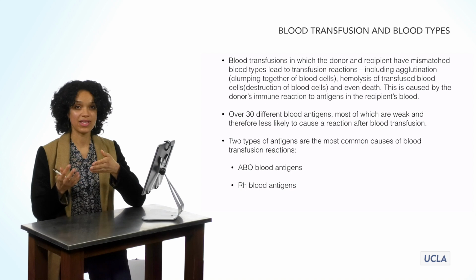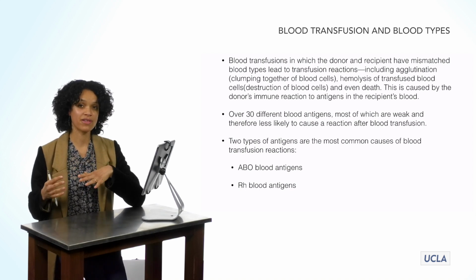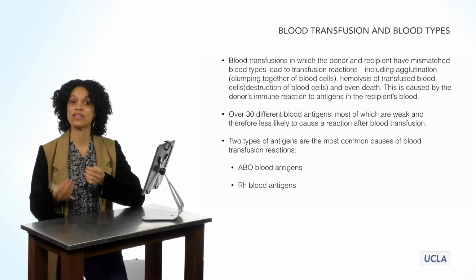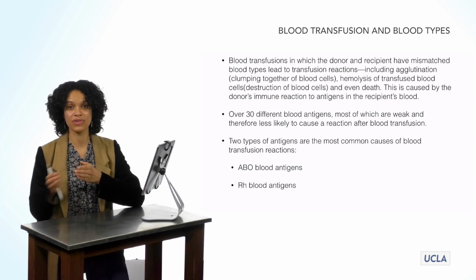What determines whether or not these blood cell donor and recipients are matched are what types of antigens are present on a person's red blood cells. So there are over 30 total antigens that can be present on your red blood cells. Most of these have a pretty minor contribution. They are not really something you need to worry about for donor compatibility.